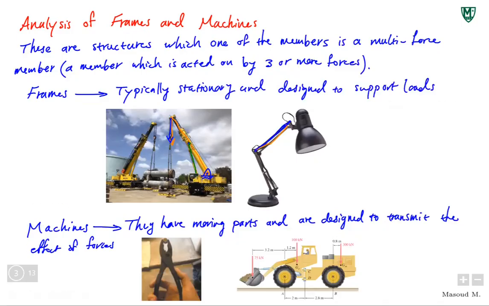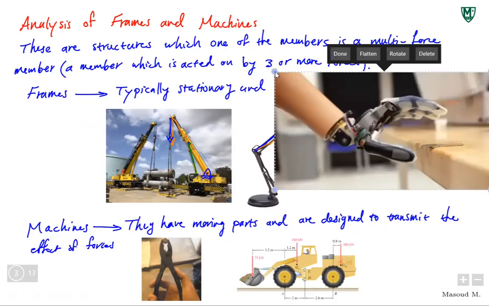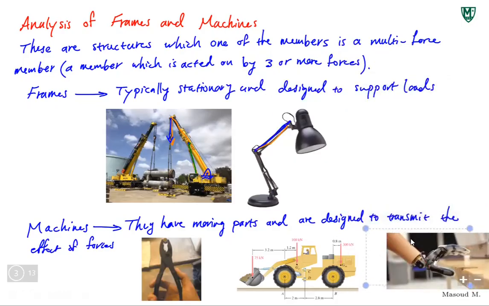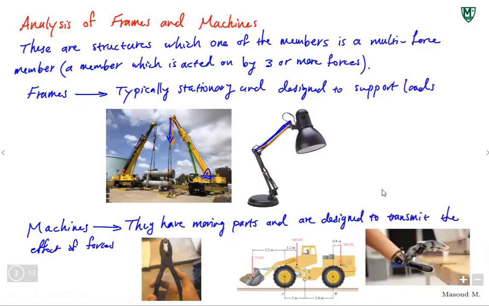Even more advanced, you can think about a robotic hand. Maybe later on you take robotics, and you'll be more familiar with this topic and how things work. But that's also a machine. It has multi-force members, and typically it's used to transmit the effect of force.